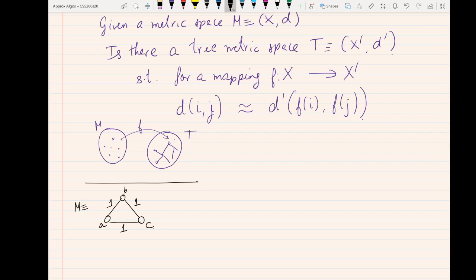Well, not really. The only possible tree on 3 points is a path.